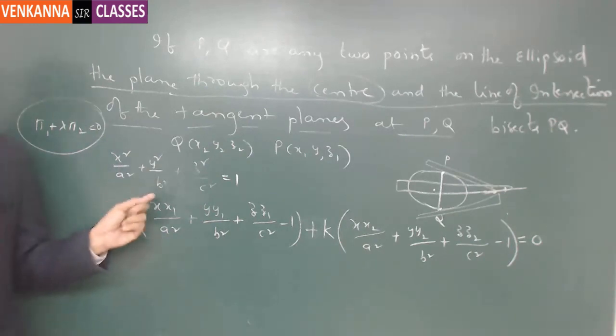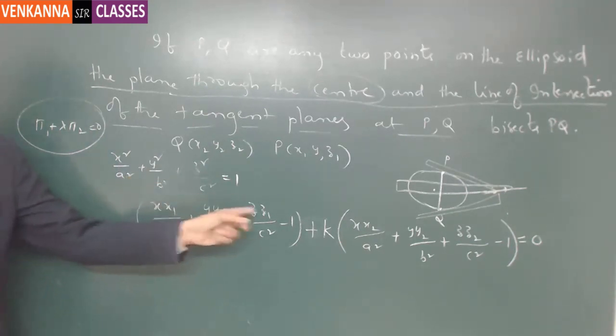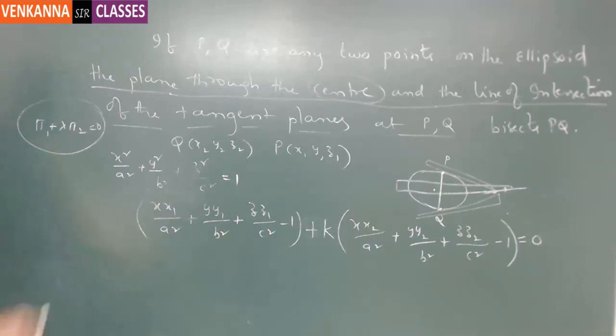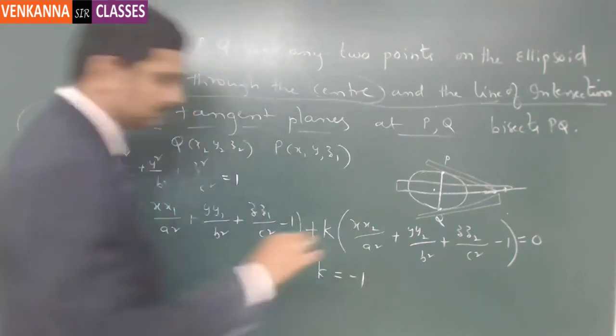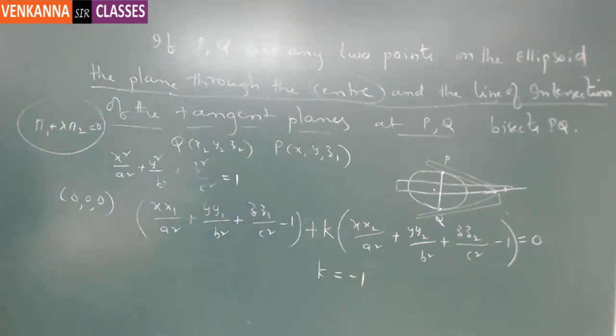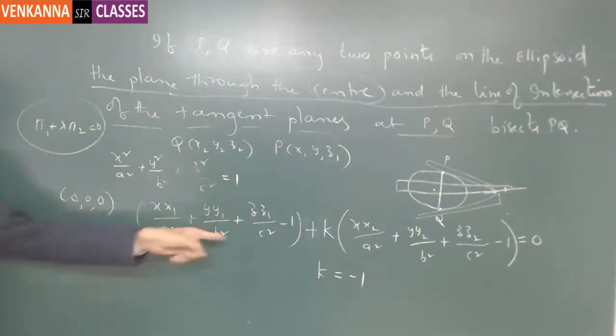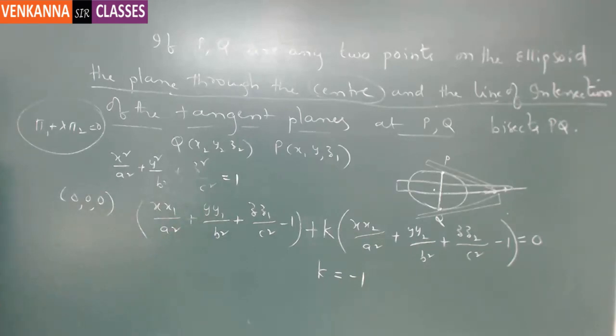So in place of x, y, z here, if you substitute 0, 0, 0, you will get that k is equal to minus 1. Check on that. Substitute 0, 0, 0 in place of x, y, z, you will get k is equal to minus 1.